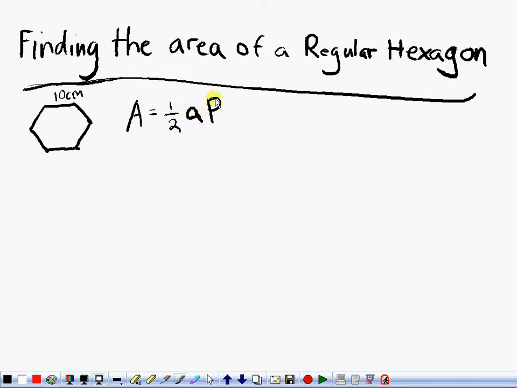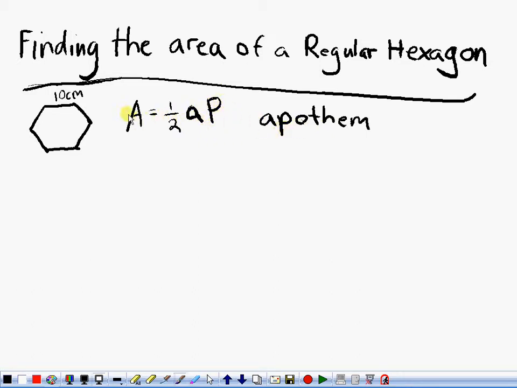The formula is area equals 1/2 AP. A means apothem, and P, let me spell that out, apothem. Not a possum, like on the side of the road, but little joke, little math joke.